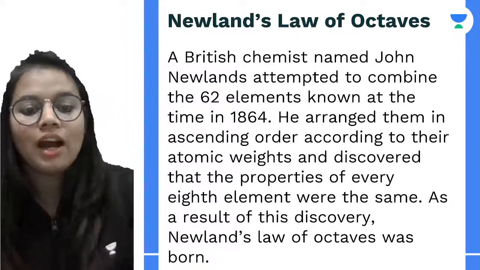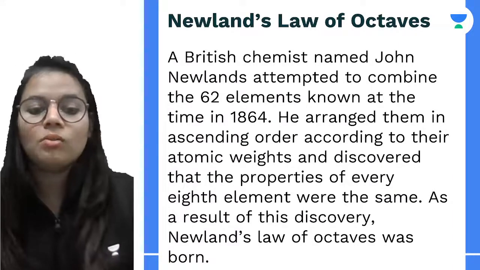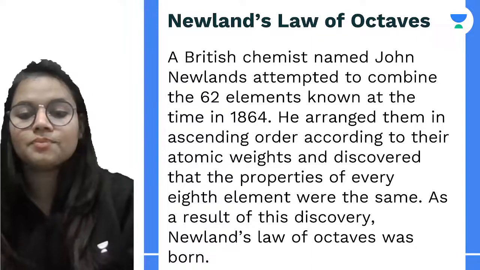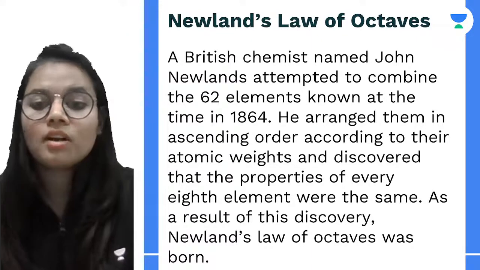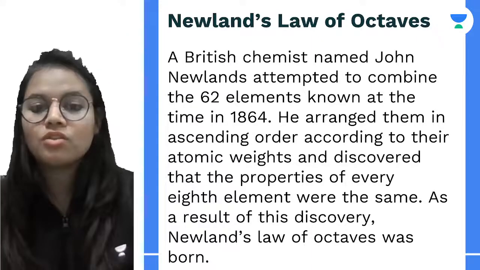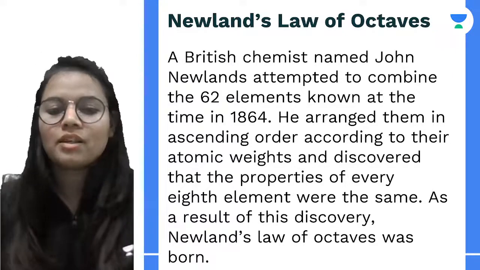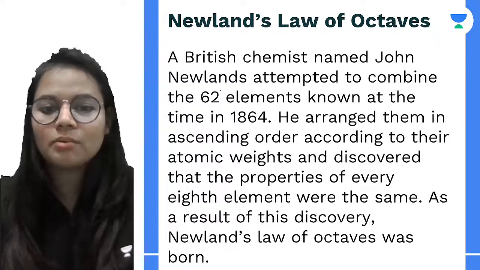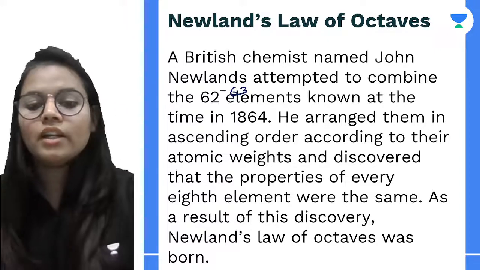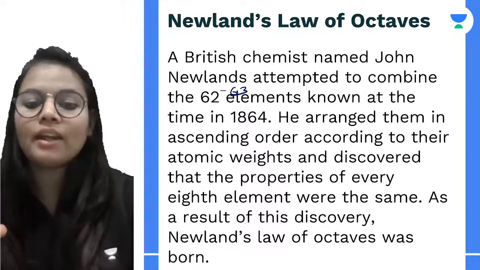All right. After that, we move on to Newland's law of octaves. There was a British chemist whose name was John Newland. At his time, approximately 62 or 63 elements were known. So he tried to combine them.